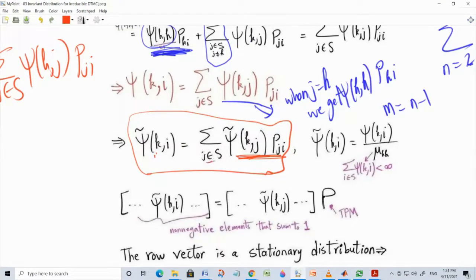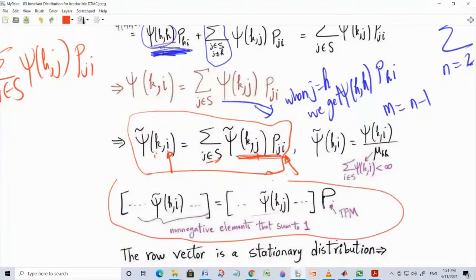Here you have a summation over j, and this is i, which is the same index here. So you have a row vector multiplied by the i-th column. Basically the elements here are equal to the same vector multiplied by the transition probability matrix. This is an eigenequation.